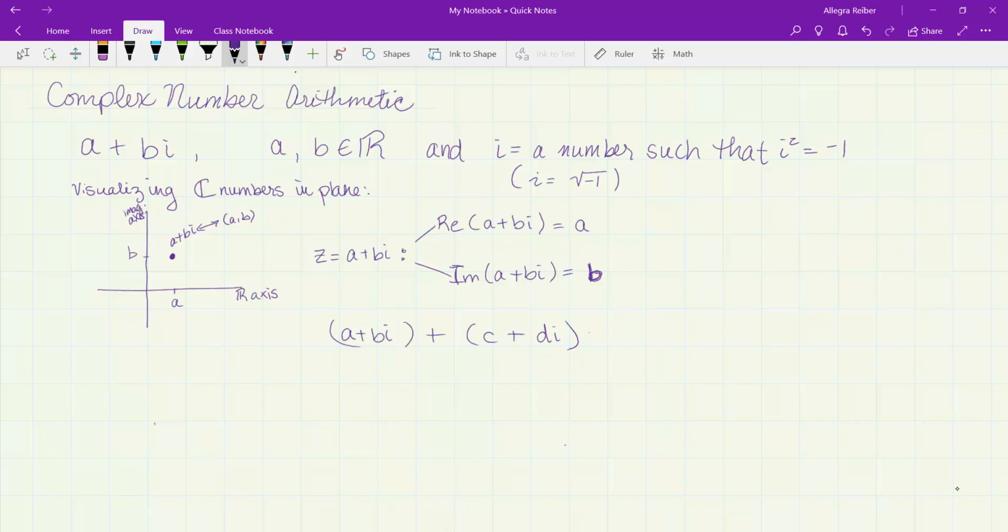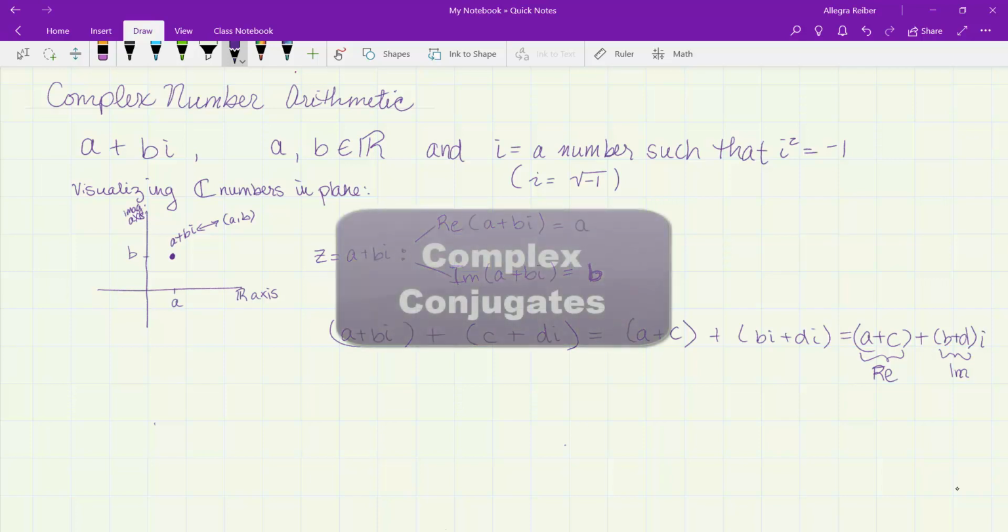So we can just use associativity and distributive properties to reorder this as a plus c, adding the real parts, and plus bi plus di. And so we see that the real and imaginary parts of the numbers can be combined together. So when I add two complex numbers, the real part of the result is just the sum of their real parts, and the sum of the coefficients on the imaginaries becomes the new imaginary part.